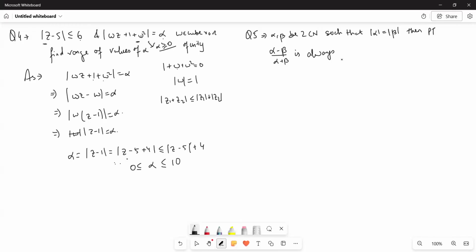Then prove that alpha minus beta by alpha plus beta is always purely imaginary. If alpha beta are two complex numbers such that mod alpha is equal to mod beta, then prove that alpha minus beta by alpha plus beta is always purely imaginary.